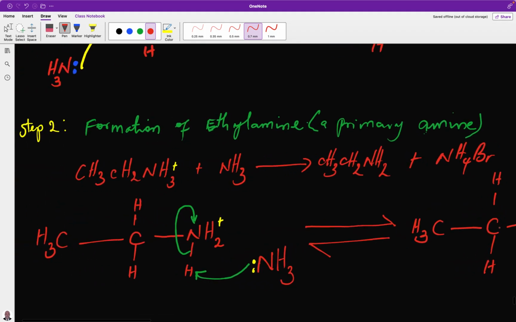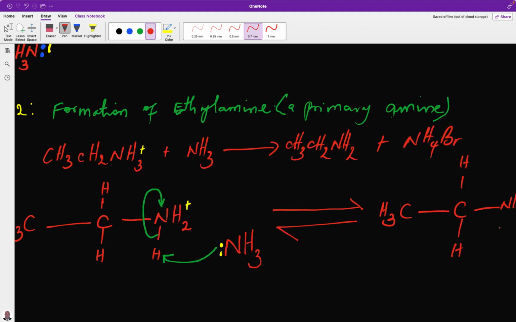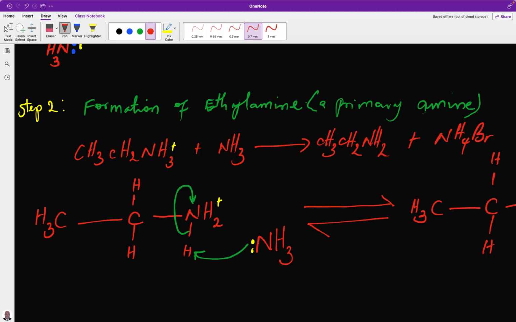Once more, in step 2, formation of ethylamine, the nucleophile is attracted to the positive center here. As the nucleophile approaches the positive center, electrons in one of the hydrogens are repelled towards the nitrogen.